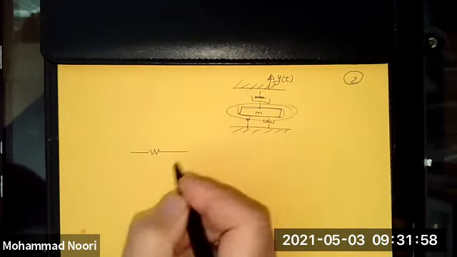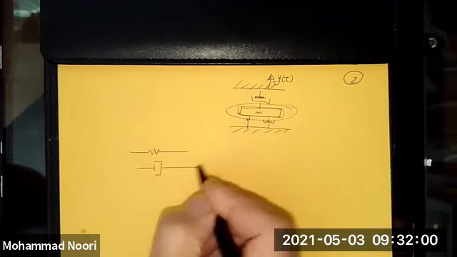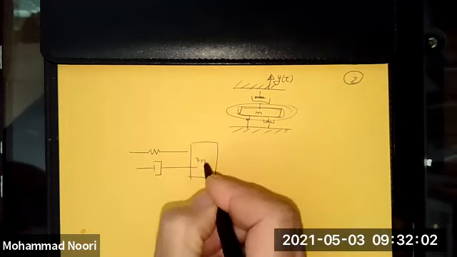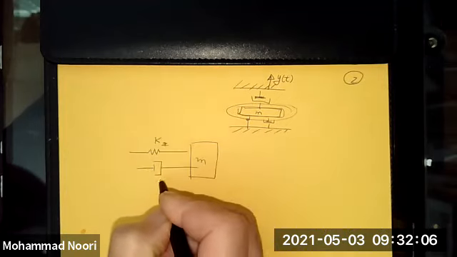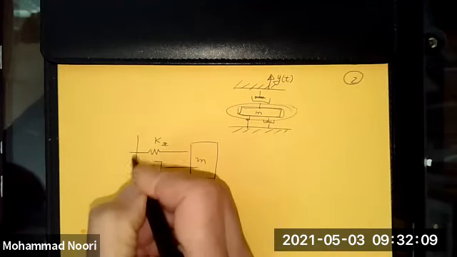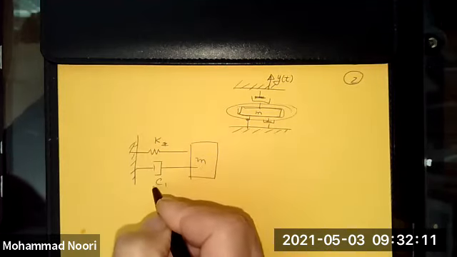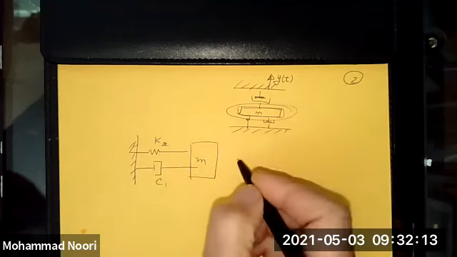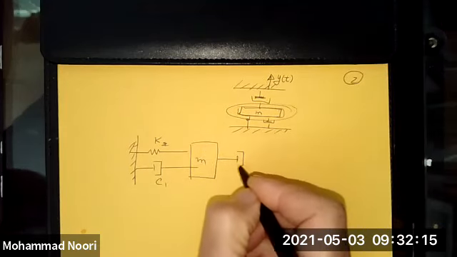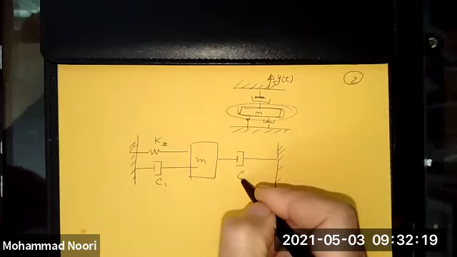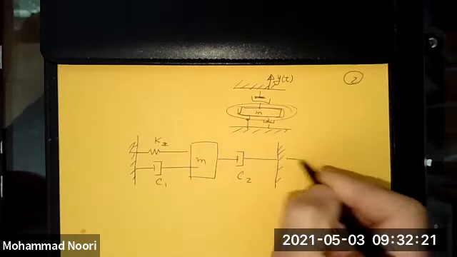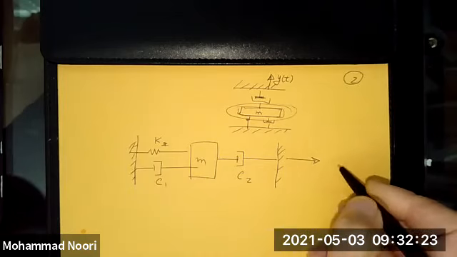So let me redraw this. This is what you have. You have basically a mass supported by this stiffness and a damper. And on the other side, you have another damper, C2. And this is the ground motion.